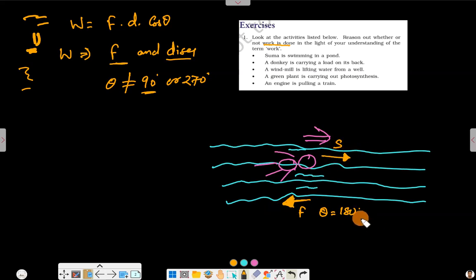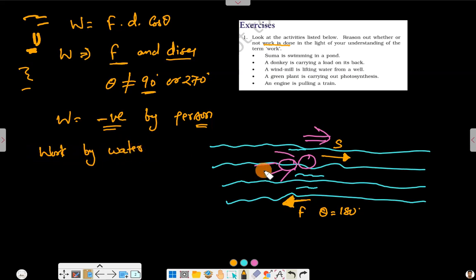So work will be negative, but there will be work. So work by the person is negative because he is applying force in the backward direction. And if we consider work by water, because water is applying force in the forward direction and displacement is also in the forward direction, work by water is positive.